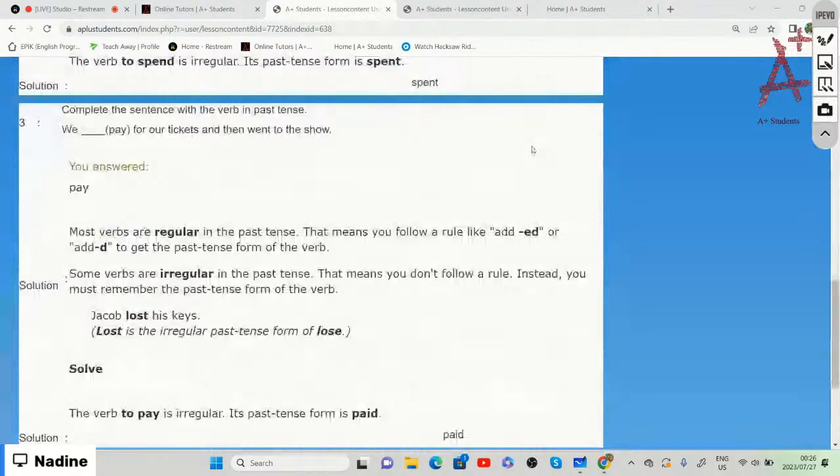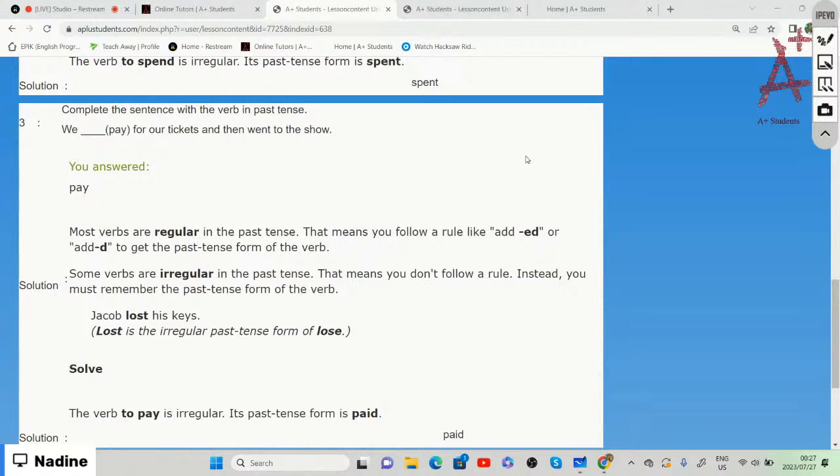We pay for our tickets and then we went to the show. So the word pay, we need to change that word to the past tense form. The verb pay, or to pay, is irregular.